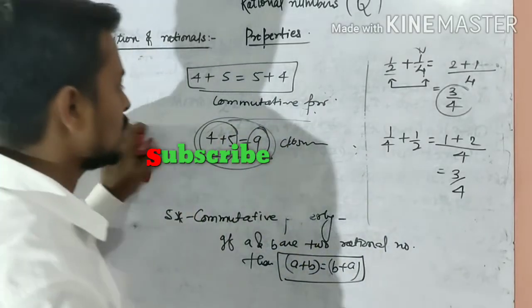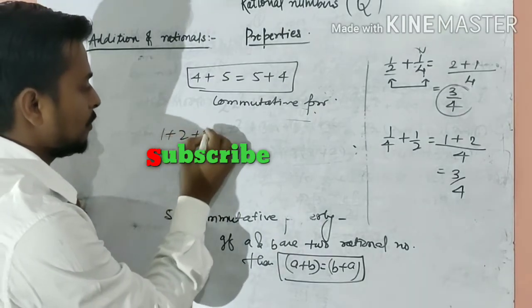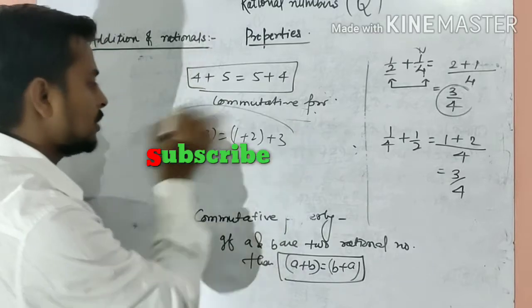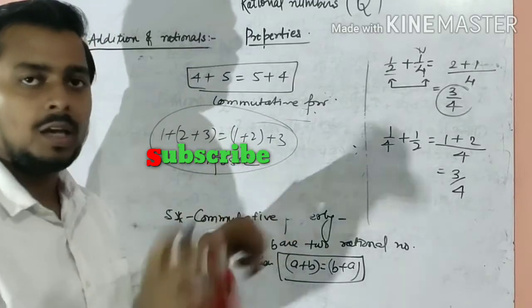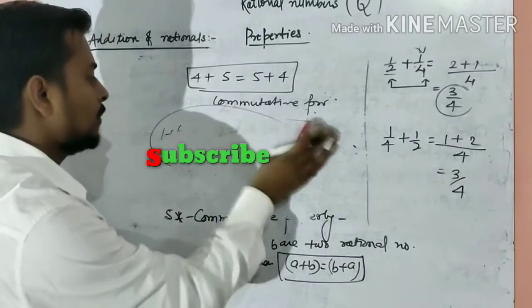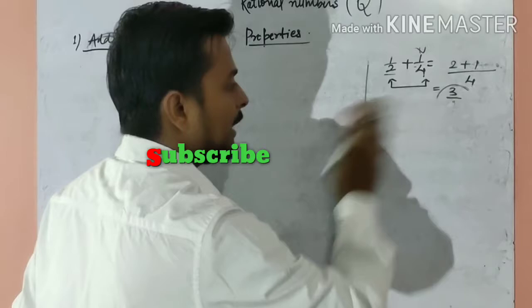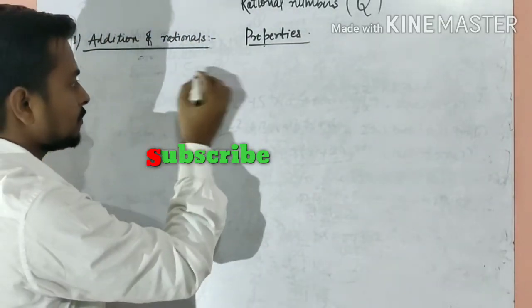And if anyone is saying 1 plus 2 plus 3 is equal to 1 plus 2 plus 3 with a different grouping, this is associative property, adding in any order. So you will learn all the properties very properly and practice. I am giving you some questions.